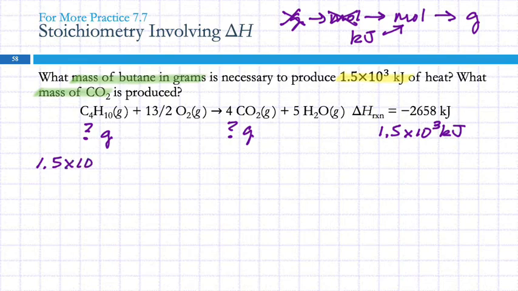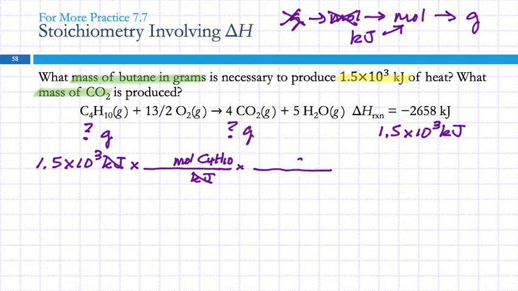1.5 times 10 to the third kilojoules. We'll do the first question first, the mass of butane. So I'm going from kilojoules to moles of butane. Kilojoules will come down here, so those cancel out.